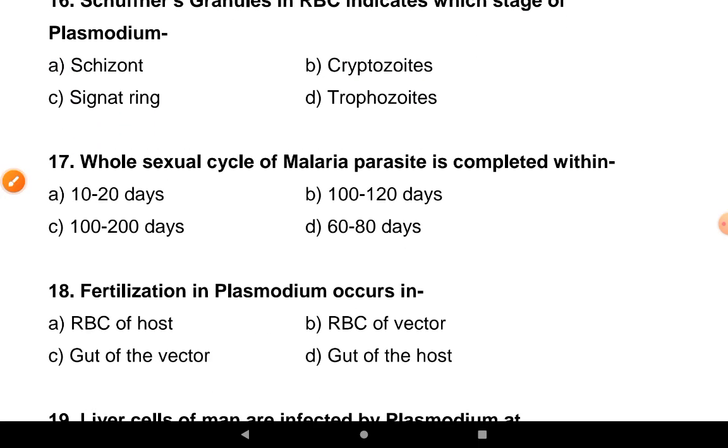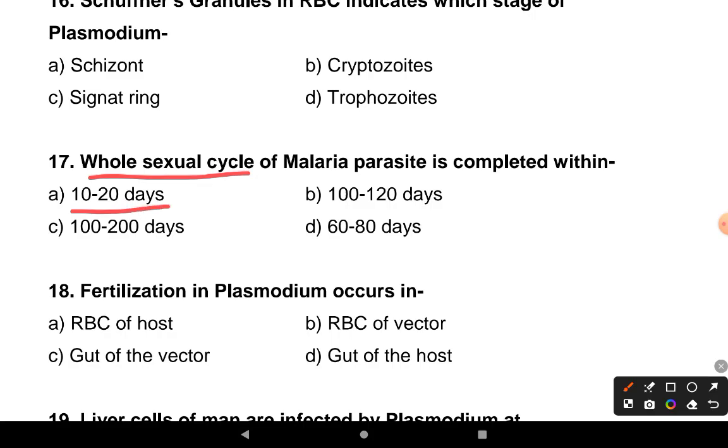Our next question is: whole sexual cycle of malaria parasite is completed within 10 to 20 days, 100 to 120 days, 100 to 200 days, 60 to 80 days. Our correct answer is option A. Whole sexual cycle of malaria parasite is completed within 10 to 20 days.